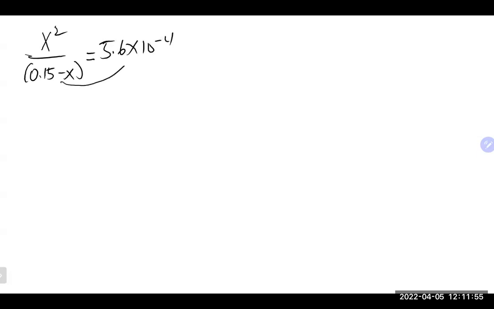And if we come back here, we've got x squared over 0.15 minus x is equal to 5.6 times 10 to the minus 4. We're basically going to multiply everything on the bottom to the other side there. That's going to give us x squared is equal to 8.4 times 10 to the minus 5 minus 5.6 times 10 to the minus 4x.